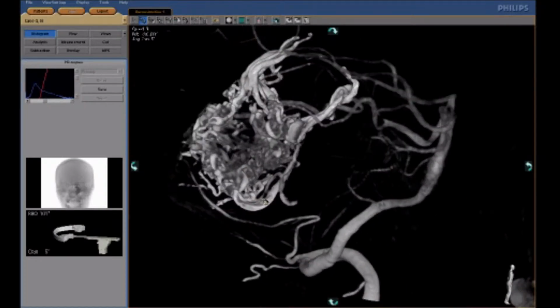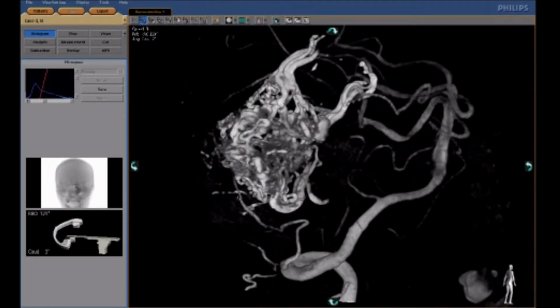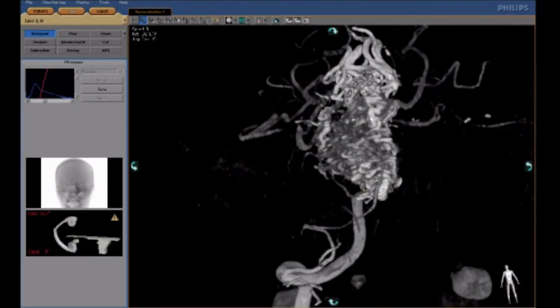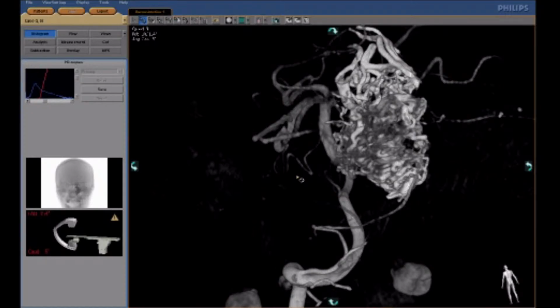And this is case number 1 for today. Cerebellar AVM. The patient had bleeding from this AVM last year, and we have already done 2 sessions of embolization, and today is session number 3.